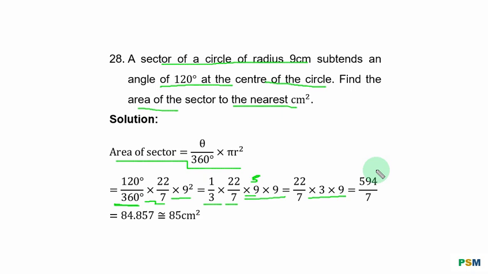When you multiply, you have this result. After division, you have 84.857 to the nearest square centimeter. The area is approximately equal to 85 square centimeters.